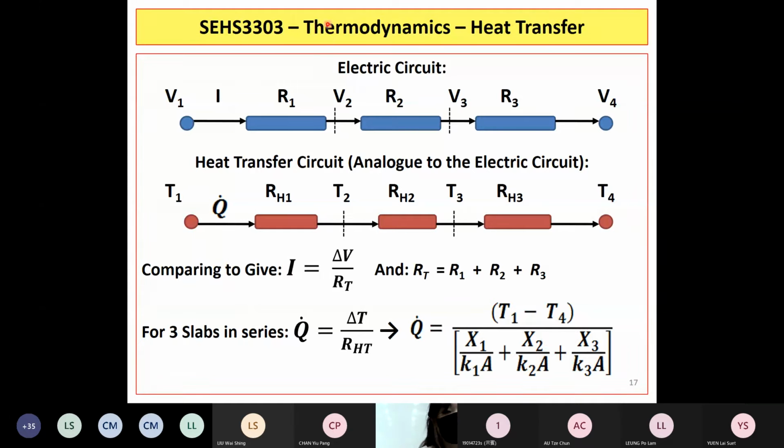So what we have is, if we have an electric circuit, we can sketch out this kind of simple diagram to help us solve the current inside this circuit. That is, at this point, we have voltage V1, and at this point, we have voltage V4.